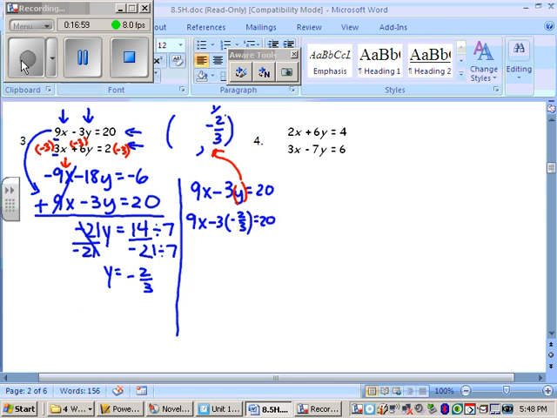So we first would want to multiply negative 3 times negative 2/3. So a negative times a negative is a positive, and if you put a 1 under the 3, you would then be able to cross cancel the 3's, leaving you with 2 over 1, which is just 2.